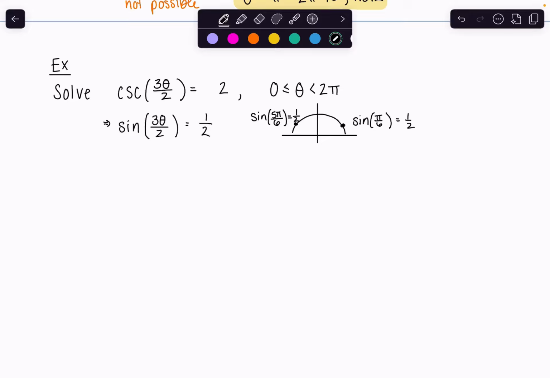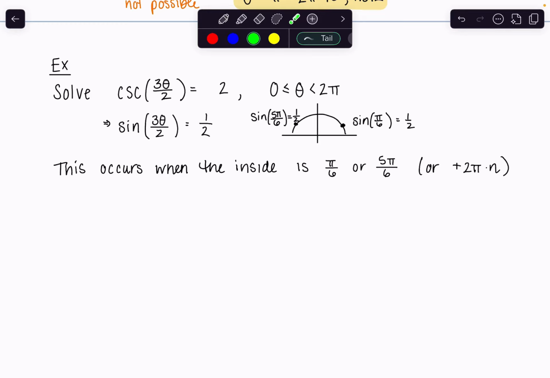So this occurs when the inside is pi over 6 or 5 pi over 6 or any multiple of 2 pi added to that. Okay.